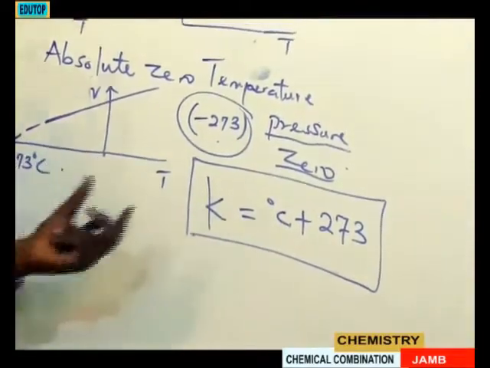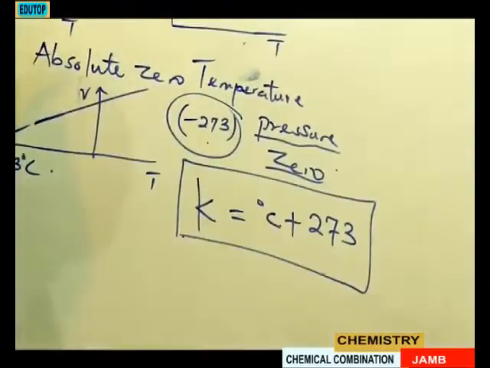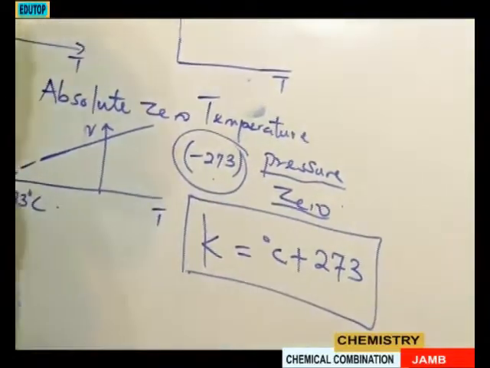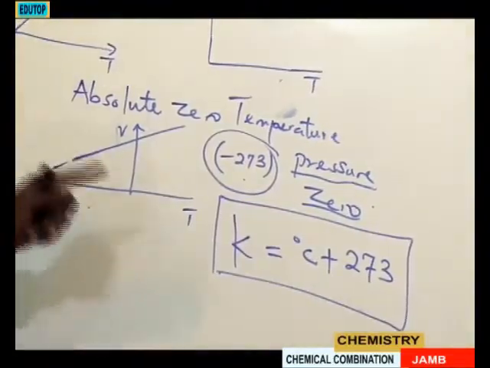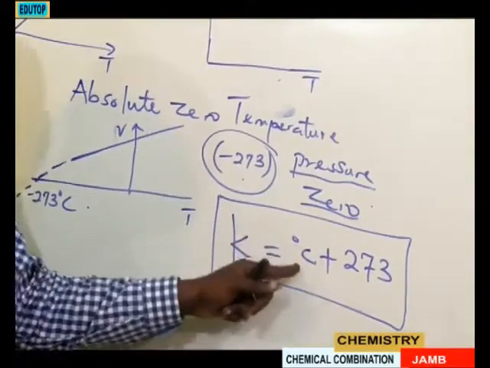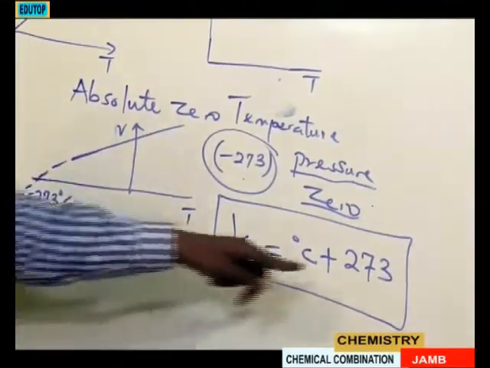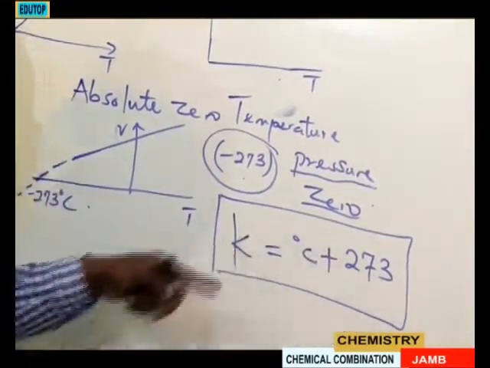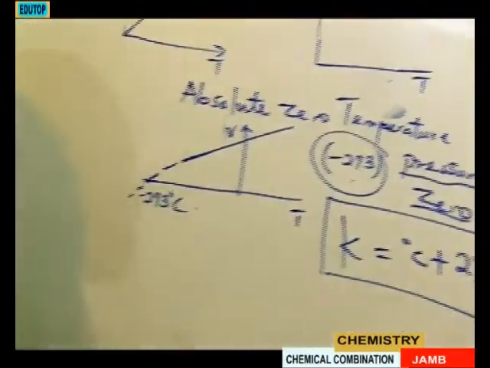Kelvin, because we work with Kelvin. Temperature is measured in Kelvin, not degrees Celsius or centigrade. Once you add 273, it becomes your Kelvin, which you use directly in any calculation.